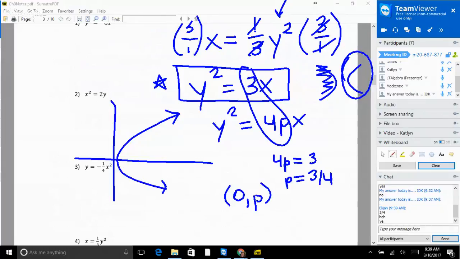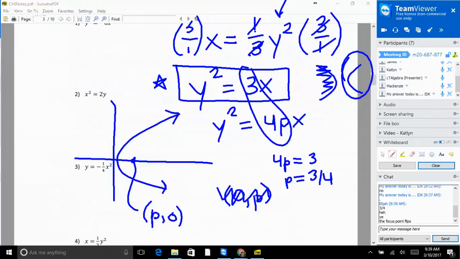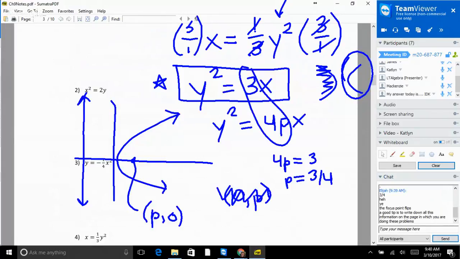So the focal point is going to be here. Yep, exactly. It flips. Instead of at 0, p, it's going to be at p, 0. And my directrix, instead of being at y equals, it's going to be at x equals negative p.